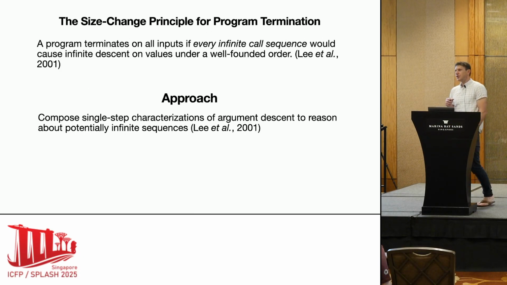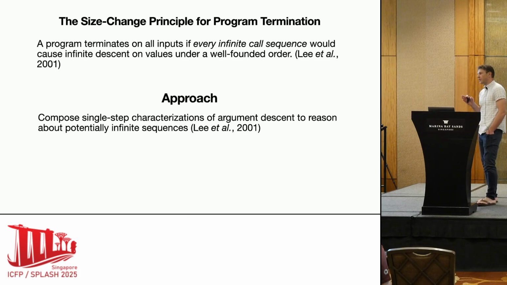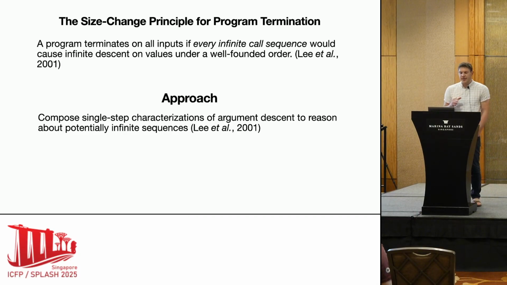The size change call guard is based on the size change principle for program termination, and it's this: a program terminates on all inputs if every infinite call sequence would cause infinite descent on values under a well-founded order.